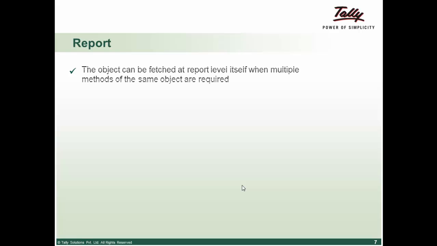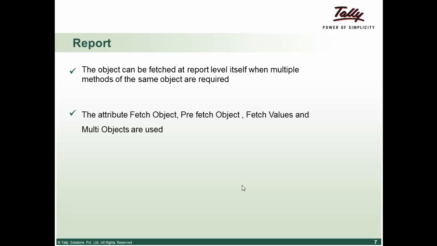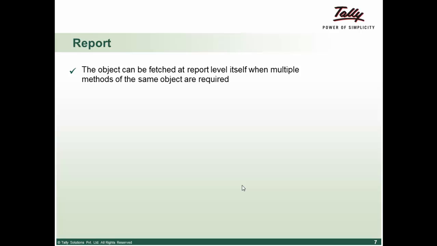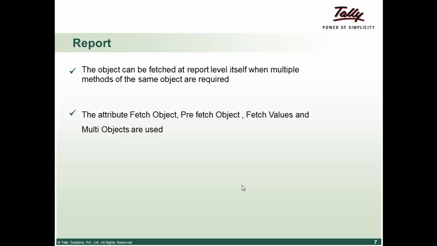And then at report level, again, there are objects that can be fetched at report level itself. For example, if the report is an object specific report, for example voucher, then you can call the voucher itself, right? Similarly, we have various attributes. We have fetch object, prefetch object, fetch values, and multi objects that we can use.